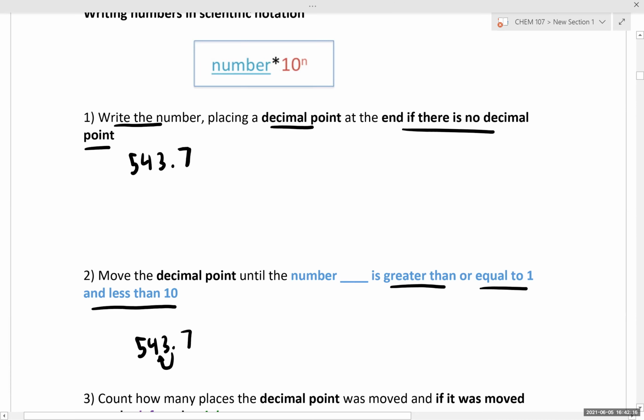If I want this to be a number between 1 and 10, I'm going to need to move my decimal point to the left. So I move it over 1 space. I have 54.37. That is still greater than 10. So I'm going to move my decimal point over 1 more, and I get 5.437. So as we can see, this number is greater than or equal to 1 and less than 10.